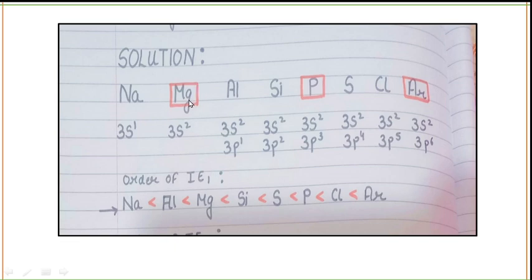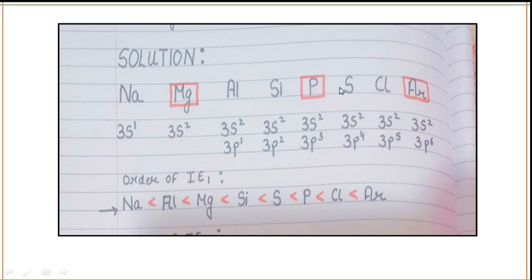If we talk about magnesium and aluminium, the value of ionization enthalpy should be higher in magnesium due to the fulfilled condition. In case of aluminium and silicon, silicon should have the higher amount of ionization enthalpy as you are moving along the period. But in case of phosphorus and silicon, phosphorus should have the higher amount of energy due to half-filled condition and you are moving along the period.